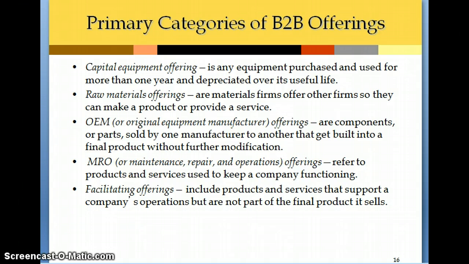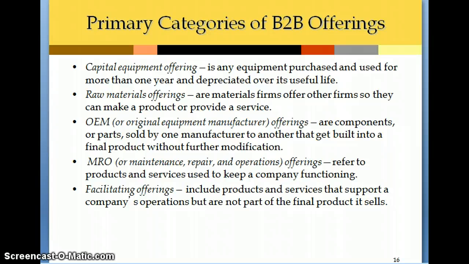Raw material offerings are materials firms offer other firms so they can make a product or provide a service. Examples include lumber, metals, and manufactured materials such as steel. Raw materials are viewed as commodities, so the main determining factor among suppliers is price.